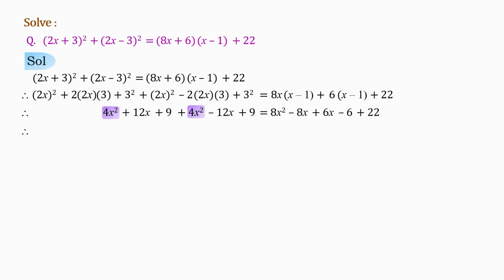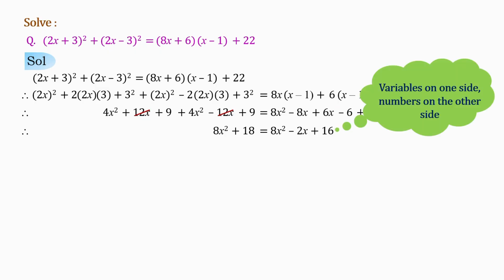Now let us combine this 4x square and 4x square. It becomes 8x square, and combining 12x minus 12x cancels, and 9 plus 9 gives 18, equal to 8x square. Now combine this minus 8x plus 6x. So that is minus 2x, and combine these numbers.